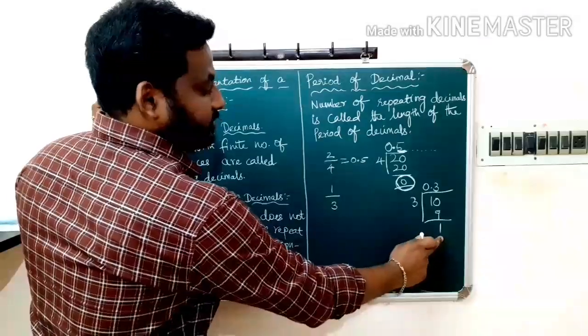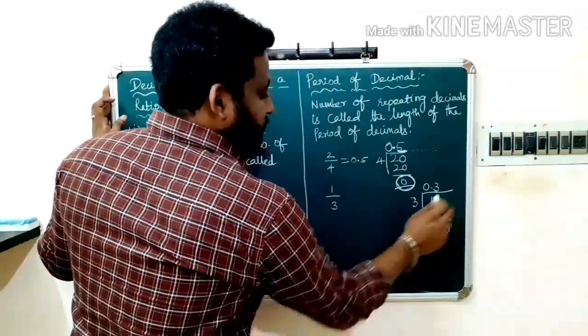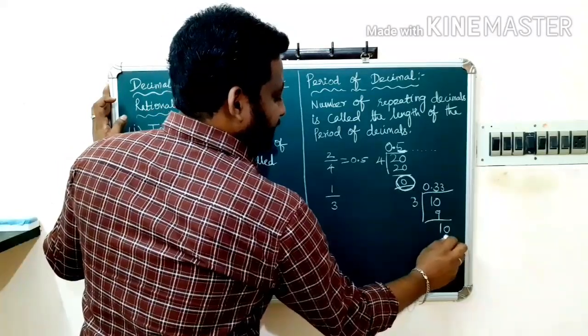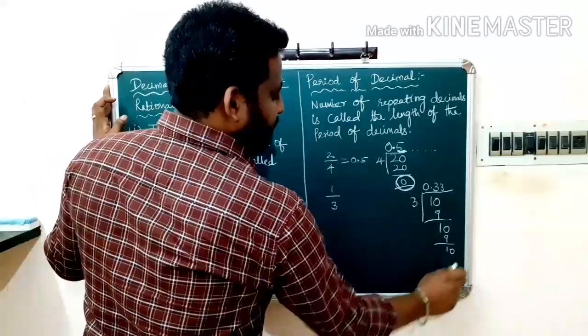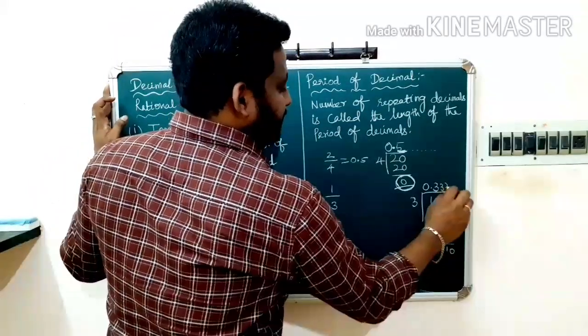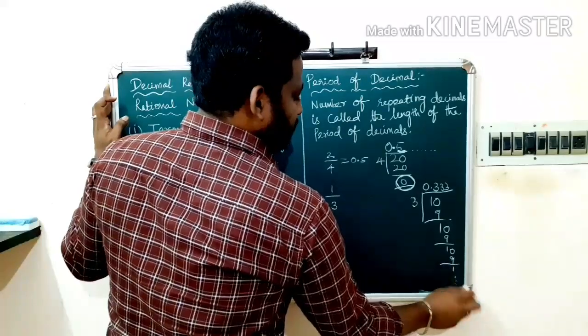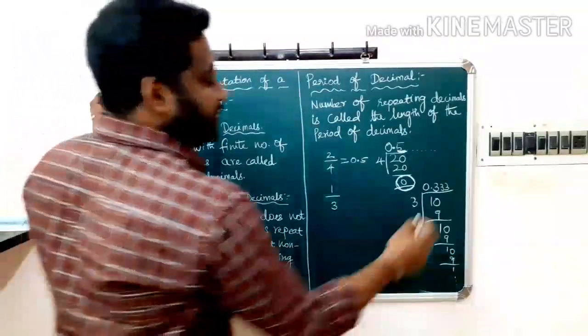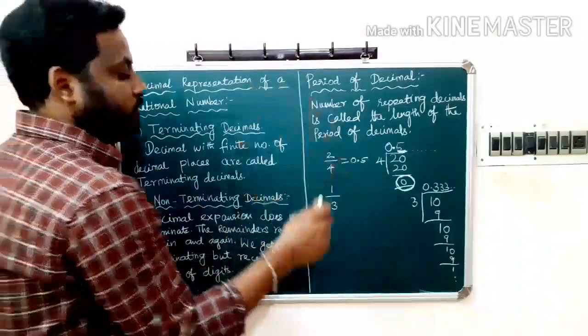The remainder is not equal to 0, so again we add 0. Again 10, 3 3s are 9, again the remainder is 1. Again we do 10, 3 3s are 9, and this goes up to infinity.